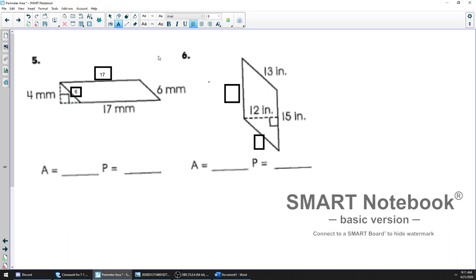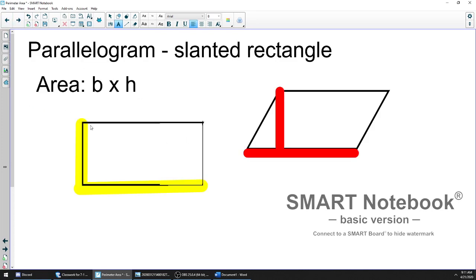What is my height? If you remember, this would be your height. Another way to know if it's your height is if it makes the right angle. Just like in our parallelogram turning into a rectangle, our height makes a right angle.